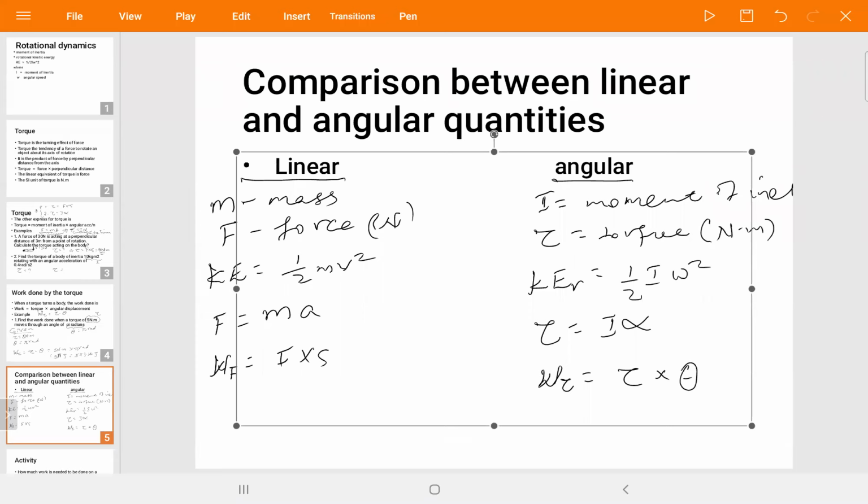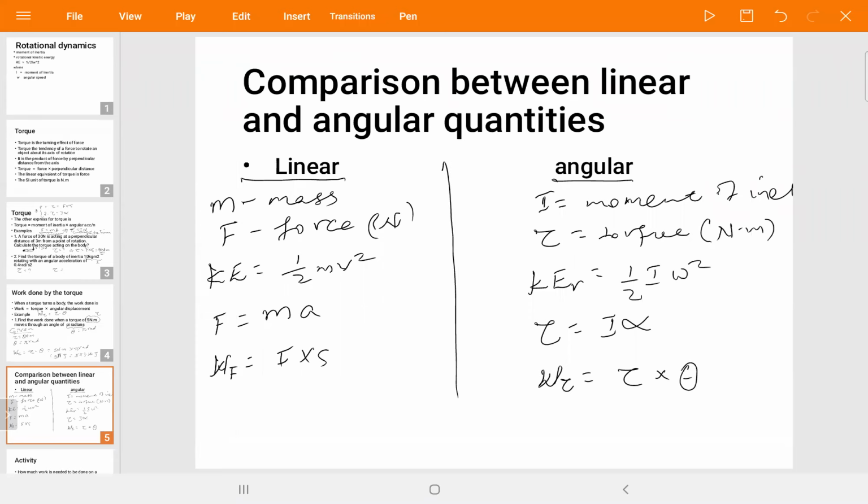And the rotational equivalent of mass is moment of inertia, the rotational equivalent of force is torque, and the rotational equivalent of linear kinetic energy is rotational kinetic energy. For linear, you use 1/2 mv squared, then the rotational becomes 1/2 I omega squared.